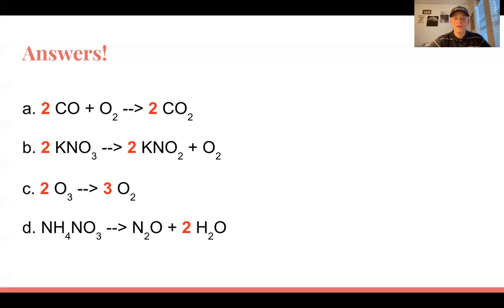So we have 1 from the N2O, and then we already have a 2 in front of the H2O, and that'll give us 2 plus 1, and that's 3. So that's balanced too. If that makes sense, all of those are great examples of how to use stoichiometric ratios to balance out equations to make sure that no matter is created and no matter is destroyed.